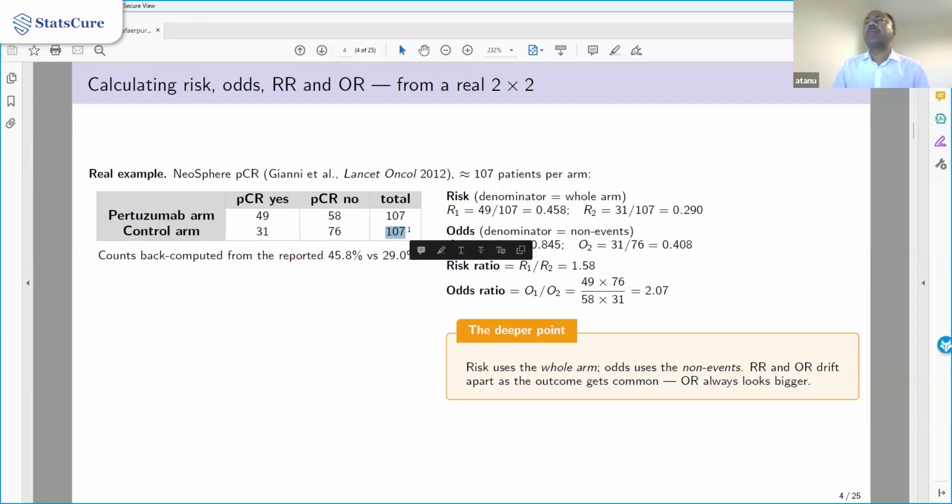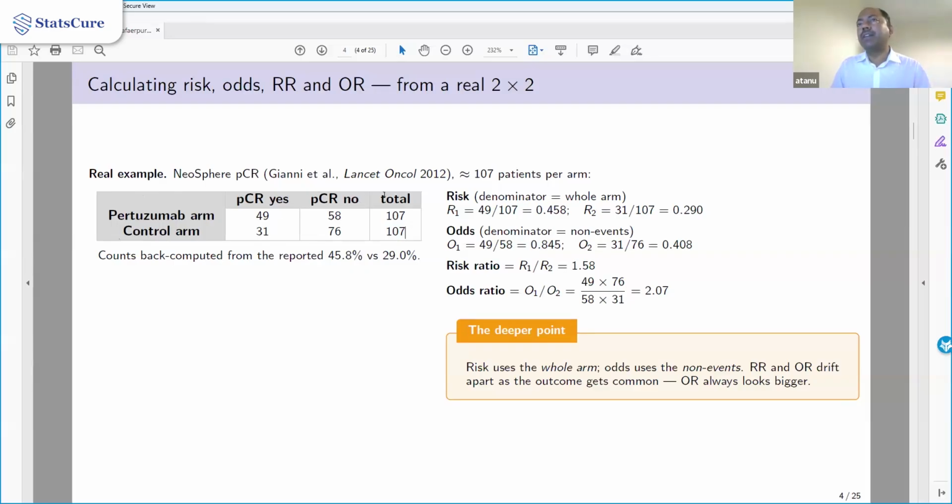Out of that, PCR yes was 49 for the pertuzumab arm and no was 58, and in the control arm PCR yes was 31, followed by 76. Now from this simple table, we will show in Excel how to prepare the data.